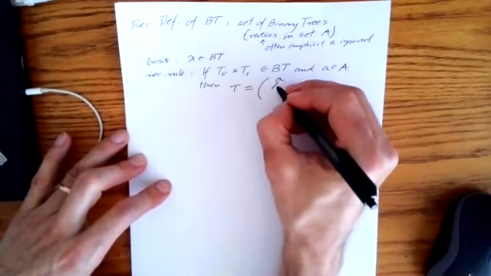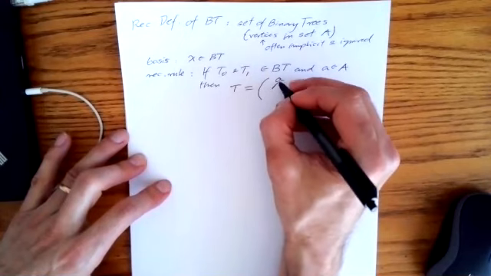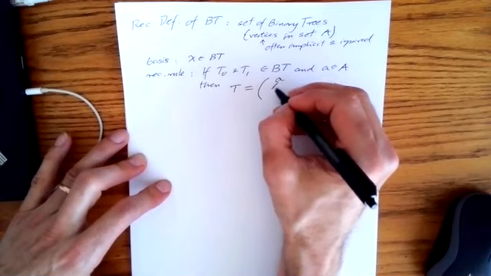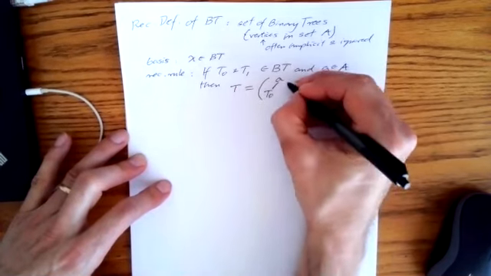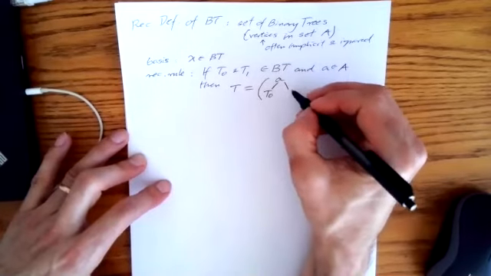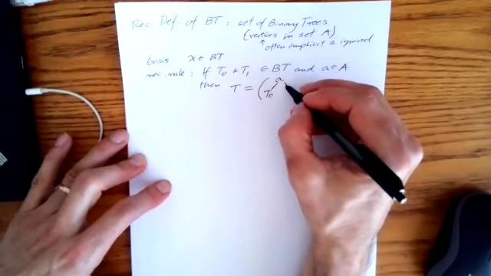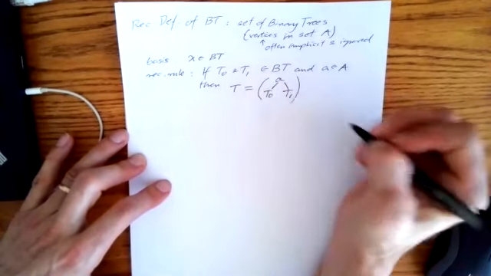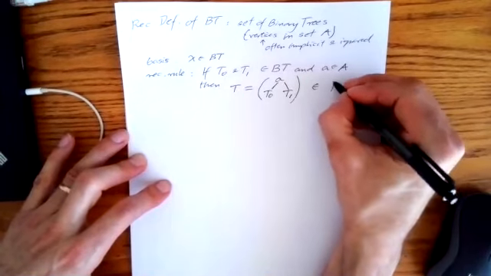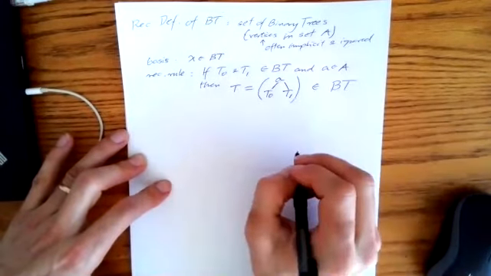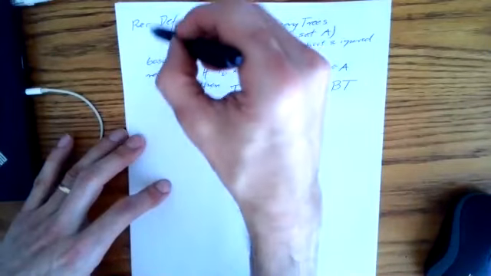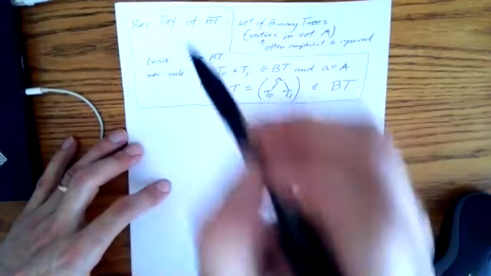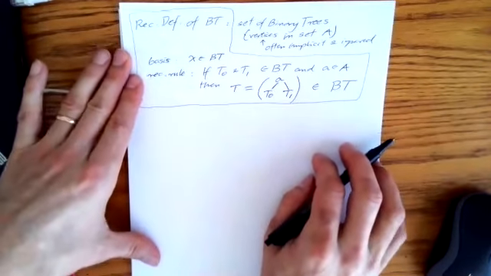I take A and connect it with an arrow going left and down to T0, and also with a line that goes right down to T1. And that's it. So this is my recursive definition of binary trees.